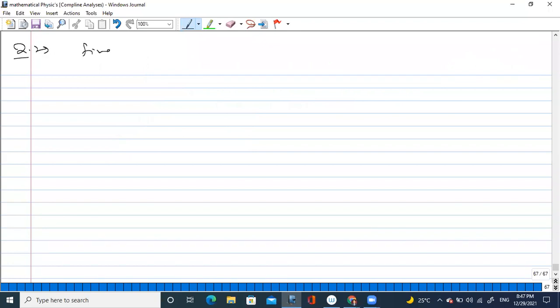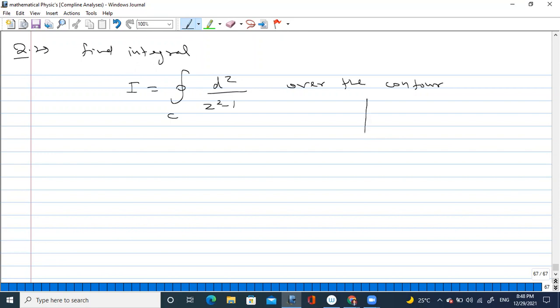Here find the integral I equal to dz divided by (z square minus 1) over the contour. This is the contour given.